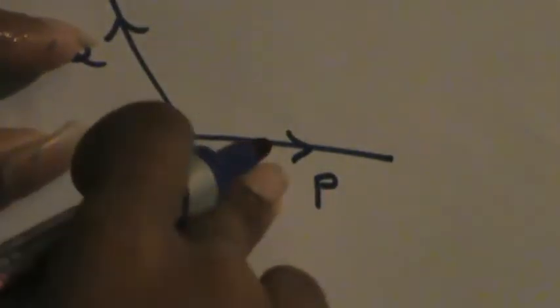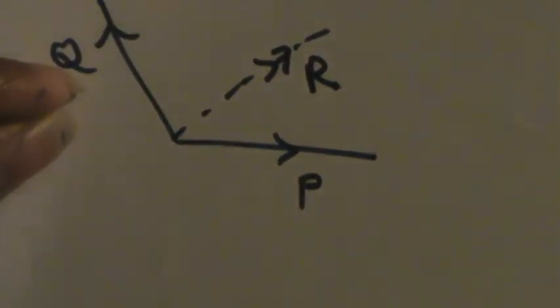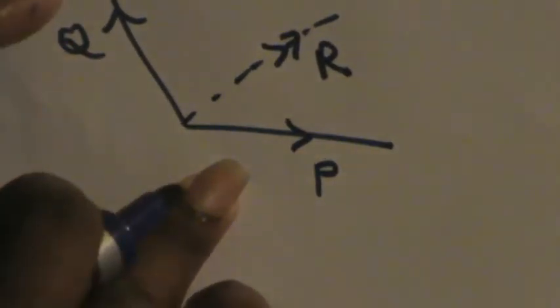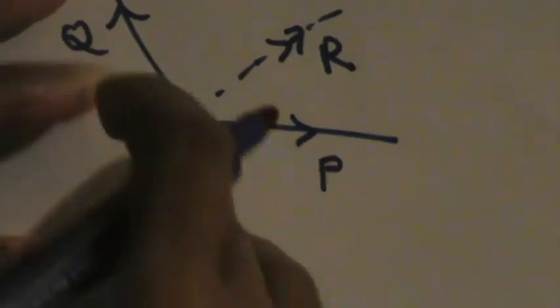There are two forces here, so the resultant will be in this direction, I'll take it as R. If these two forces are to be in equilibrium by a third force, the resultant should be 0. For the resultant to be 0, there should be another force in this direction.